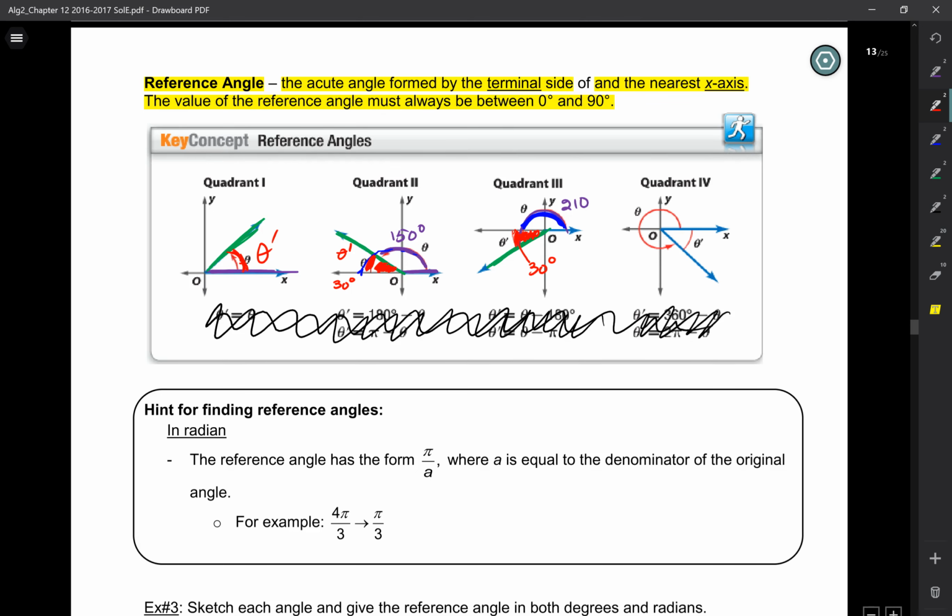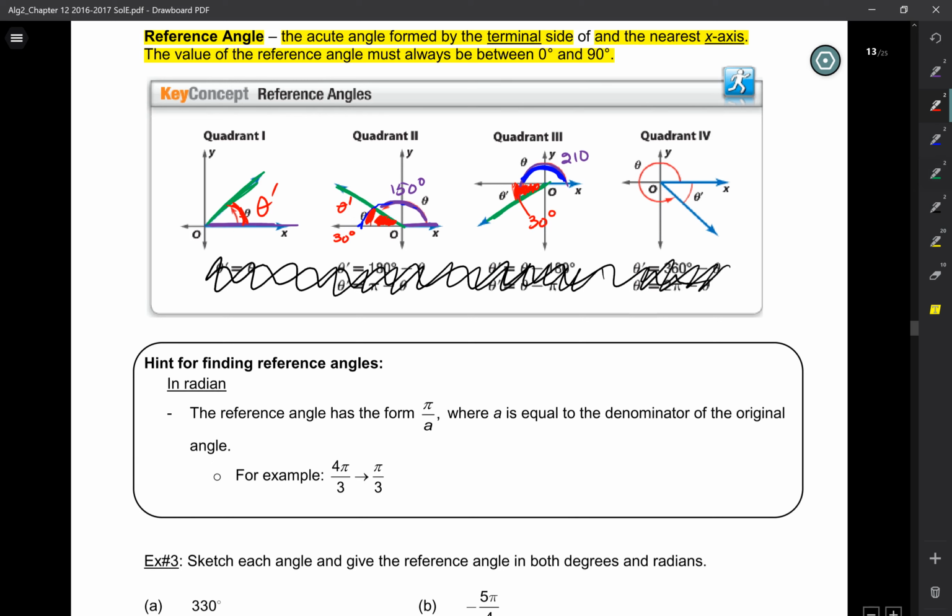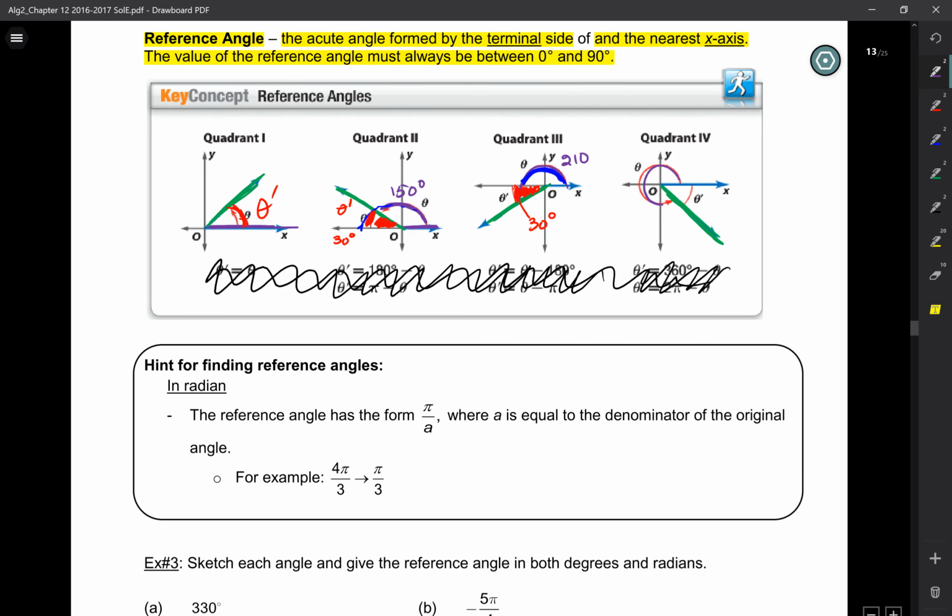Okay? Now, let's take a look at quadrant 4. This is the angle, all right? It lies in quadrant 4. The reference angle is going to be up to the x-axis. All right? Now, suppose this angle was 300 degrees.